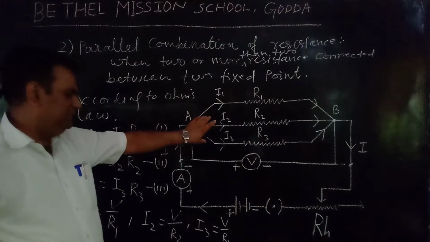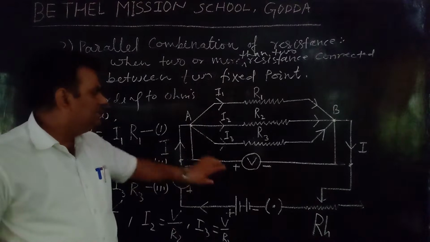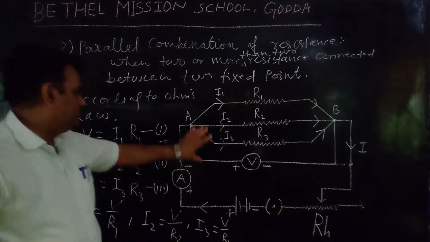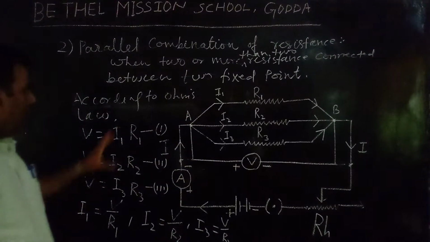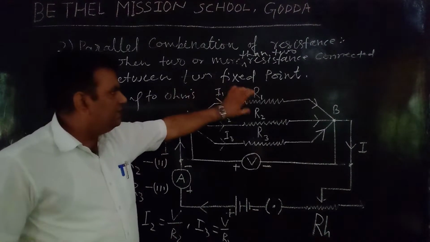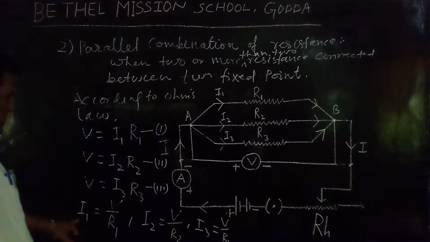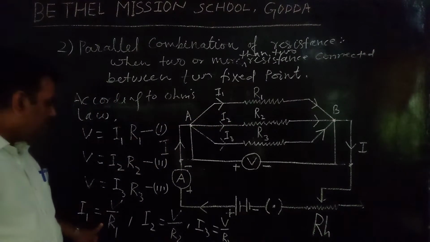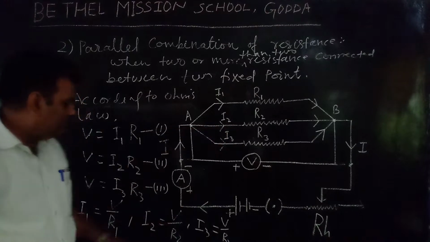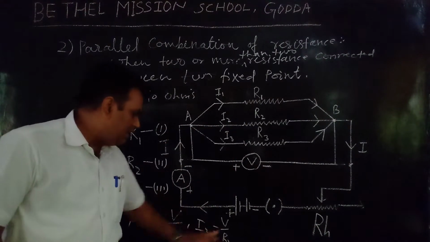Because we have to find out the value of the current for the entire circuit, and separately how much current is consumed by each resistance. So resistance R1 consumes current V upon R1, R2 consumes V upon R2, and R3 consumes V upon R3.